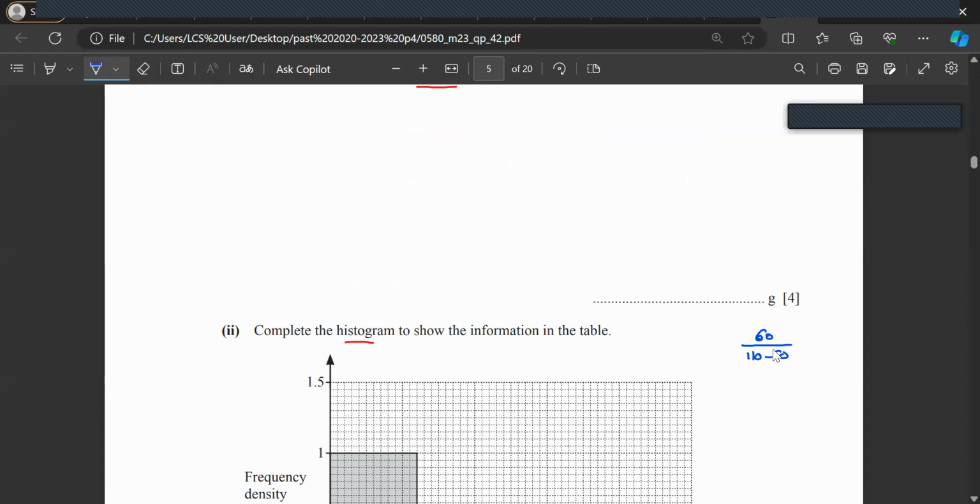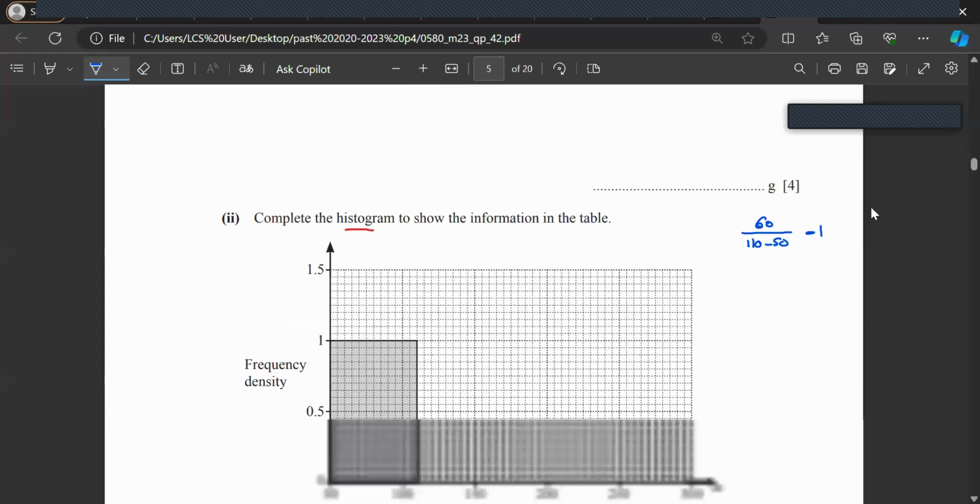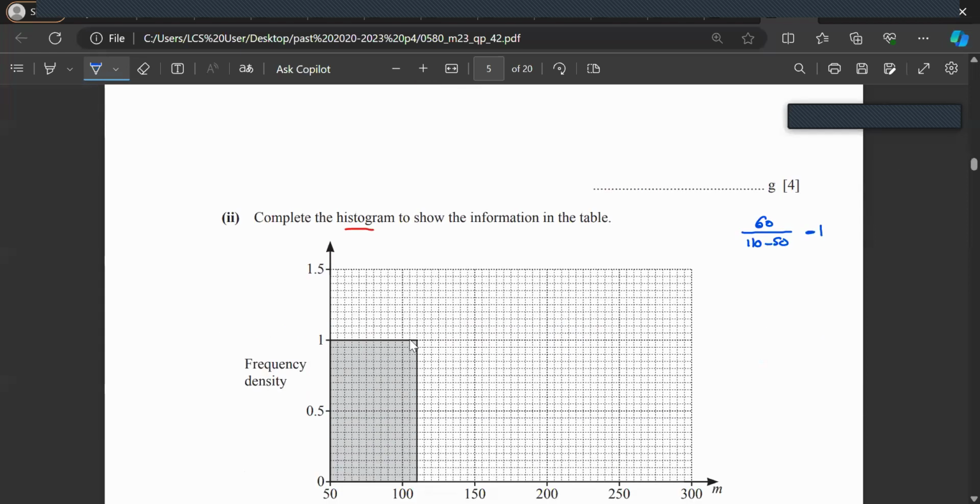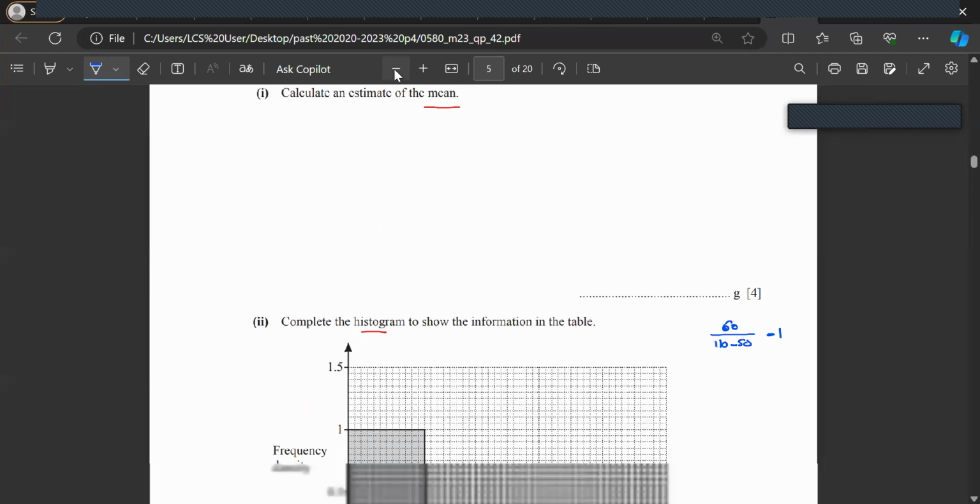And we can do it. It will be 1. Now go to the drawn one. Is it drawn as 1? Yes. So no scale drawing. So I am going to continue.